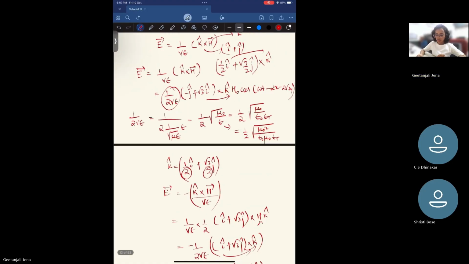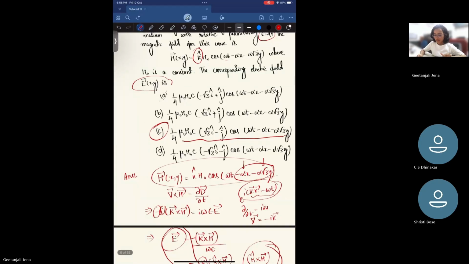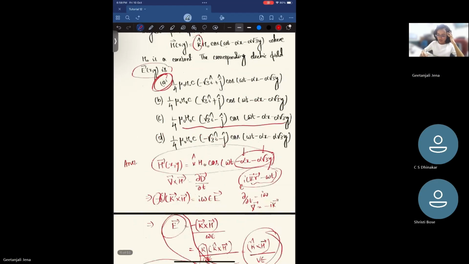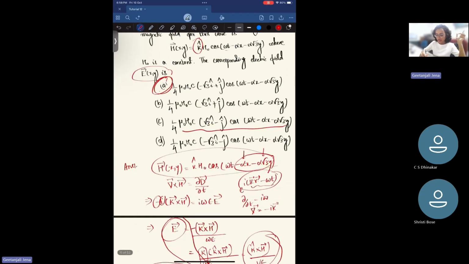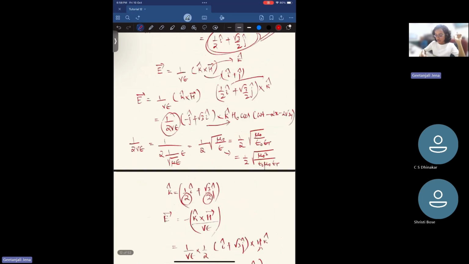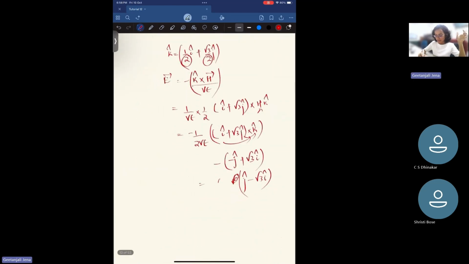Okay, then I think you are correct. I have missed one minus sign, so the answer will be A, not C. Sorry for the mistake. So this will be jk minus root 3 IK.